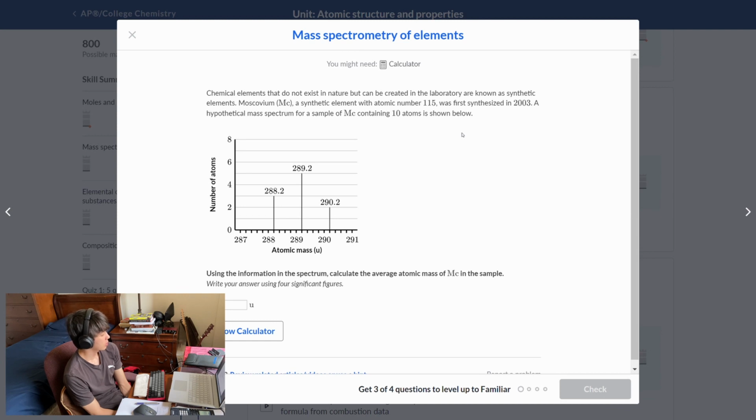Using the information in the spectrum, calculate the average atomic mass. Do I just multiply number of atoms by their masses and average? Let's see if that works.